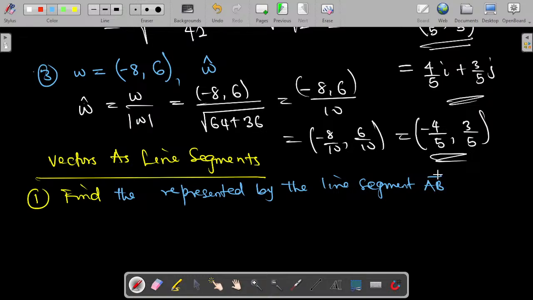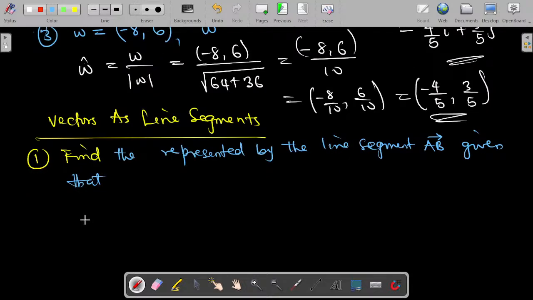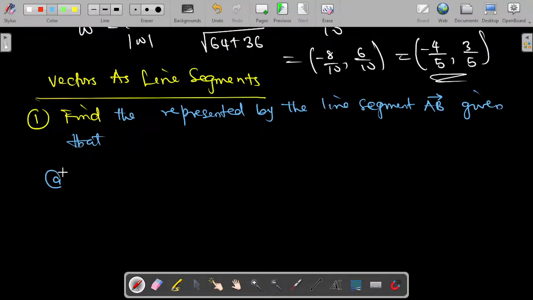You can put a line on top of it or you can leave it. Given that, number 1, you are told that A is 2, 6, and then your B is minus 4, 1.